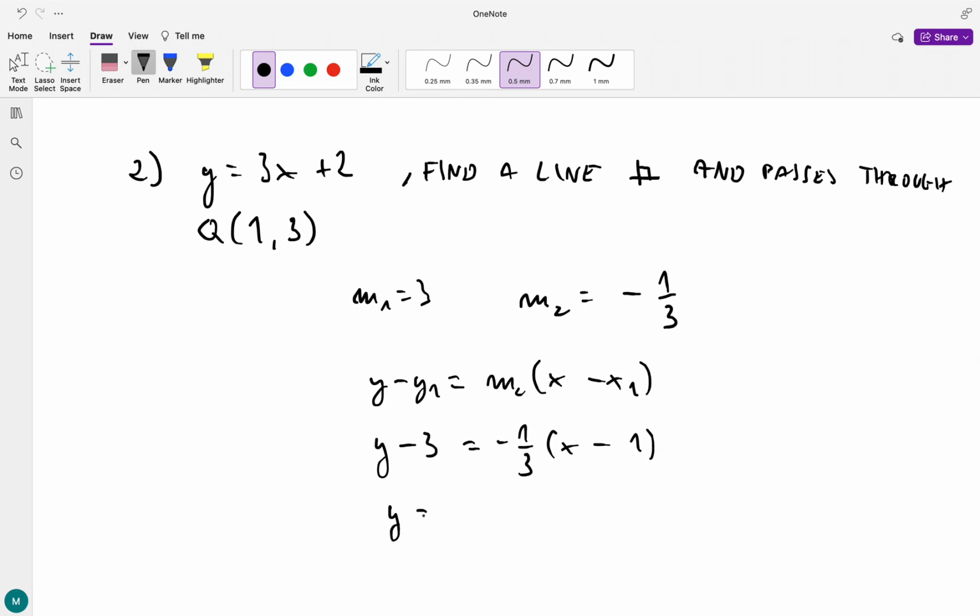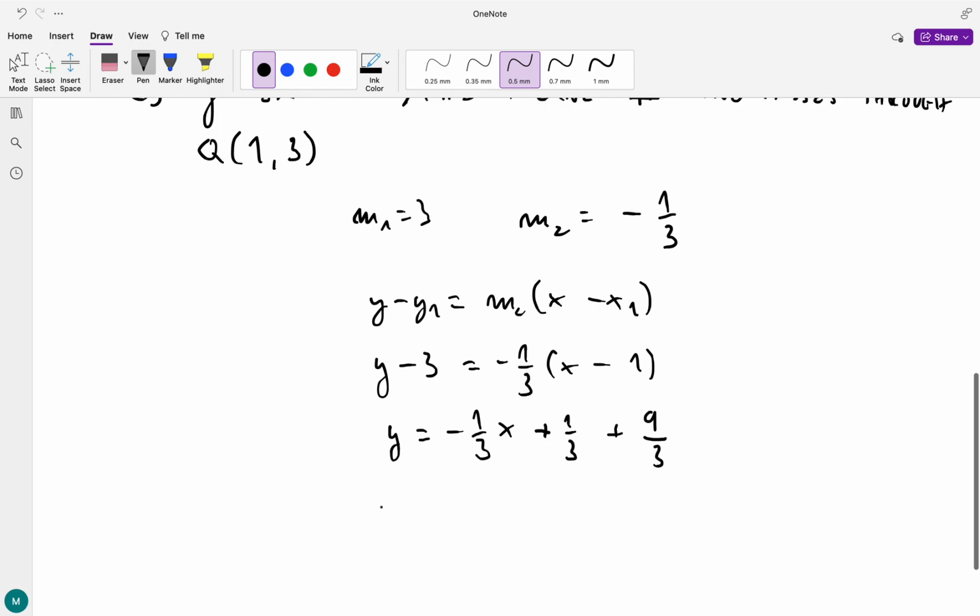So we're going to have y equals -1/3 x. Then -1/3 times -1 is +1/3, and we're going to add 3 from the left side, but I'm going to write it as a fraction, so 3 can be expressed as 9/3.